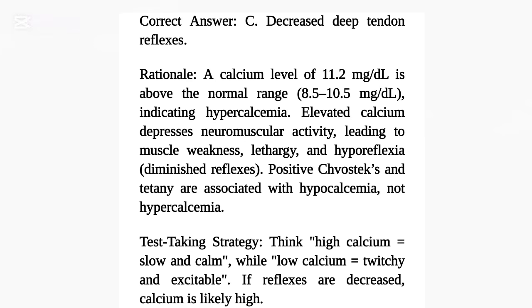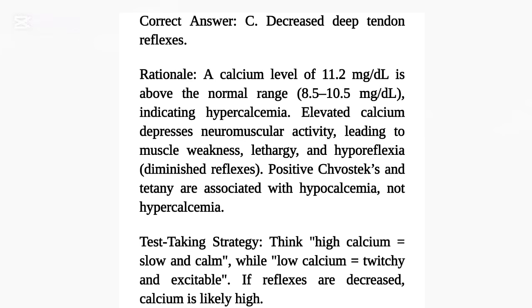Decreased deep tendon reflexes. Rationale: a calcium level of 11.2 milligrams per deciliter is above the normal range, 8.5 to 10.5 milligrams per deciliter, indicating hypercalcemia. Elevated calcium depresses neuromuscular activity, leading to muscle weakness, lethargy, and hyporeflexia, diminished reflexes.